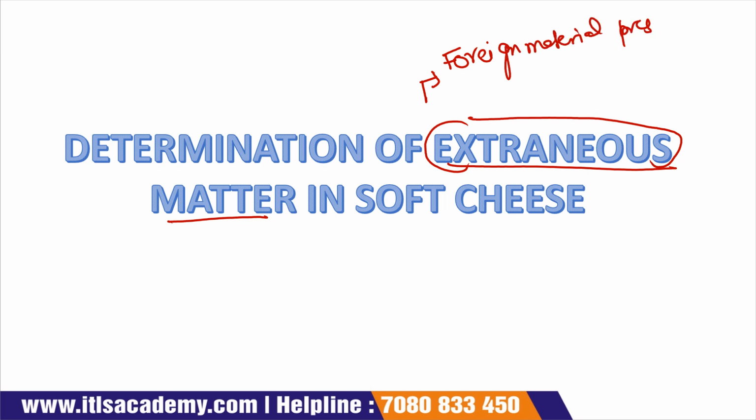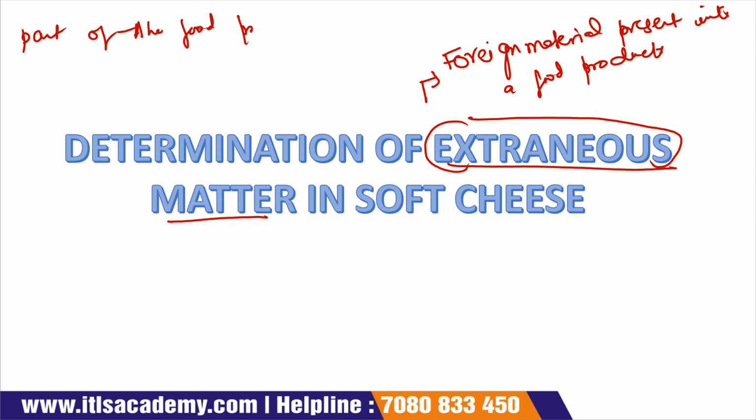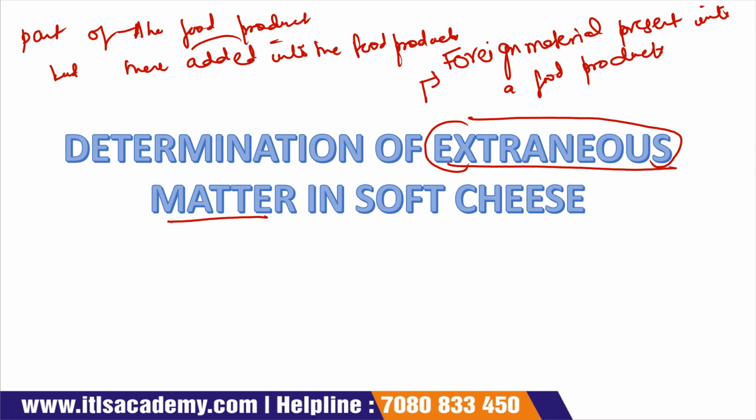present in a food product, okay, which means that these are not part of the food product, but they are added into the food product, and this addition may be unintentional or intentional.